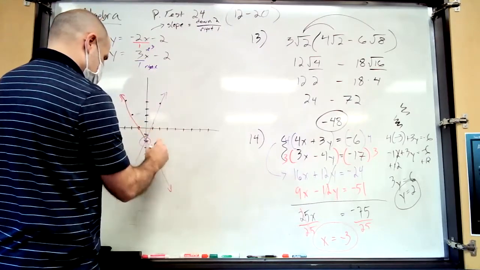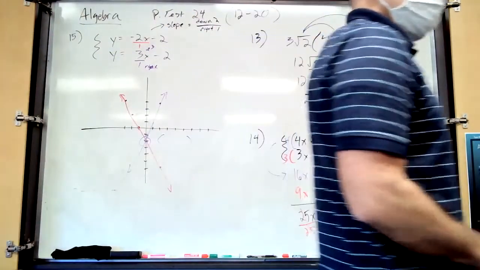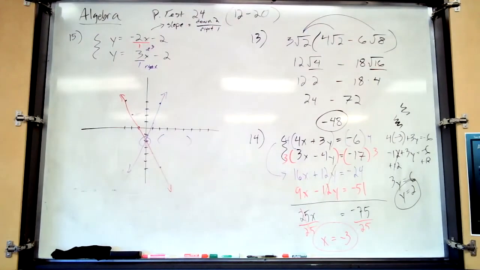So your answer is going to be, now this is where a lot of students mess this up. What are the coordinates of that point? 0, -2. So you're used to doing up and down first, right? When you're calculating slope and writing slope, you're used to going up 2 over 1 or up 3 over 1 or down 2.